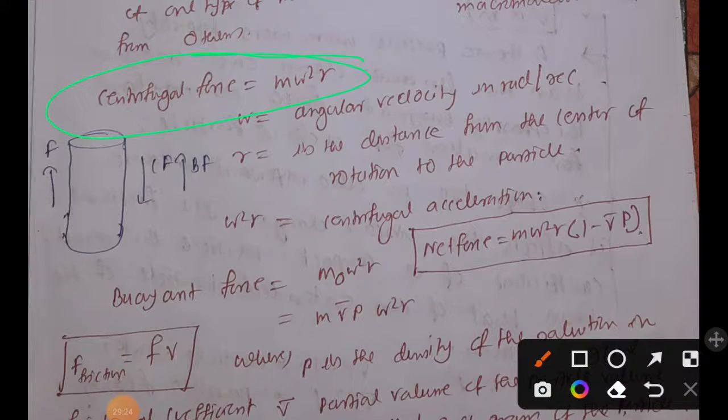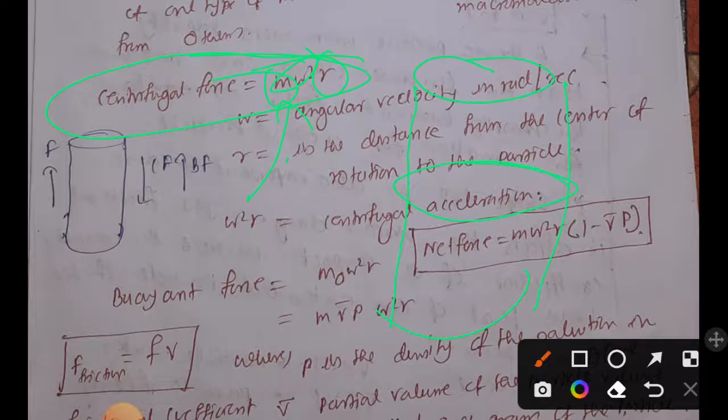The first thing that I want to explain is the centrifugal force. That means, in the tube where you have your solution containing a mixture of particles, it is the force acting on each particle if you are spinning your tube in a centrifuge machine. Here m is the mass of that particular particle, omega is the angular velocity in radians per second, and small r is the distance from the center of rotation to the particle.